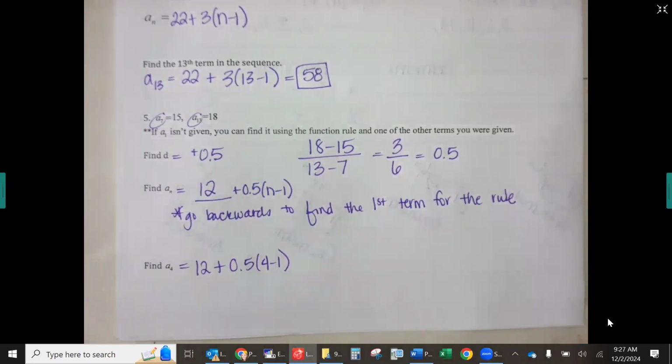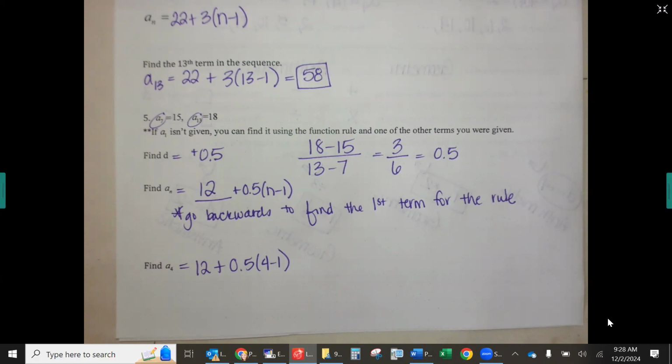Okay, so we need to cover the pattern for geometric. Do you think we could just keep going and finish it, or do we need a little break? Are you okay with going on to the last page? All right, so if it's a plus or minus pattern, you're going to do it just how I showed you. Go ahead and turn the page.